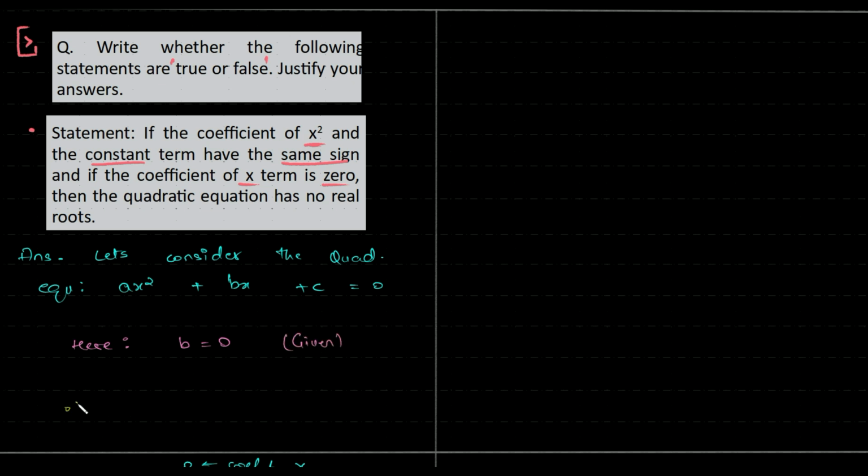Therefore, we have ax square plus c equal to 0. And a, c are of same sign. Right? Therefore, D will be b square minus 4ac, which is 0 minus 4 into a into c. So this is equal to minus 4ac.